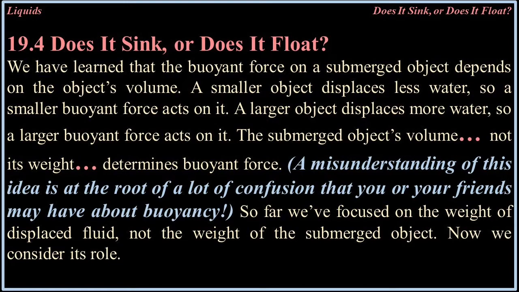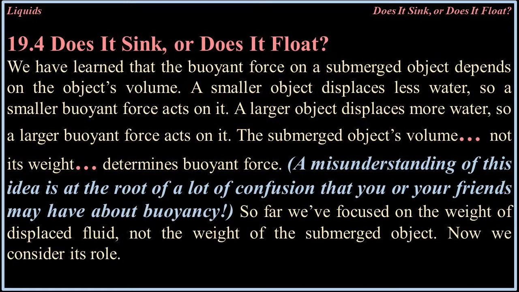19.4 Does it sink or does it float? We have learned that buoyant force on a submerged object depends on the object's volume. A smaller object displaces less water, so a smaller buoyant force acts on it. A larger object displaces more water, so a larger buoyant force acts on it.